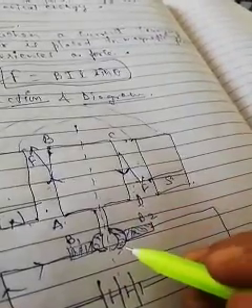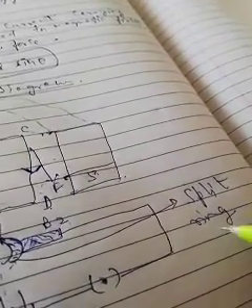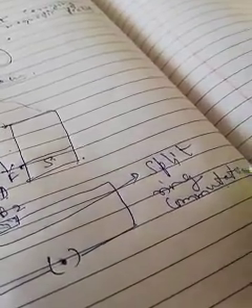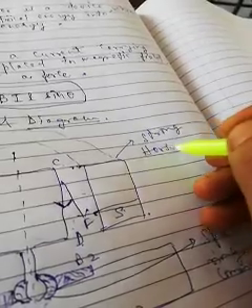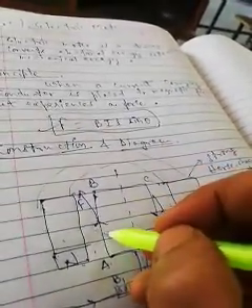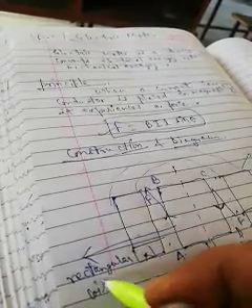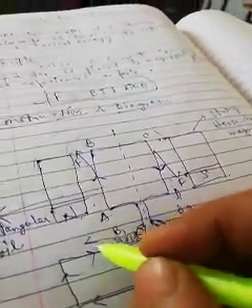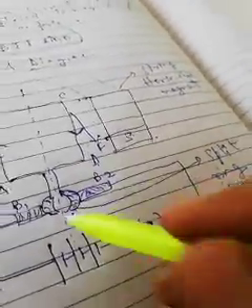So here are the split ring commutator, the strong horseshoe magnet, the rectangular coil, and the carbon brushes.